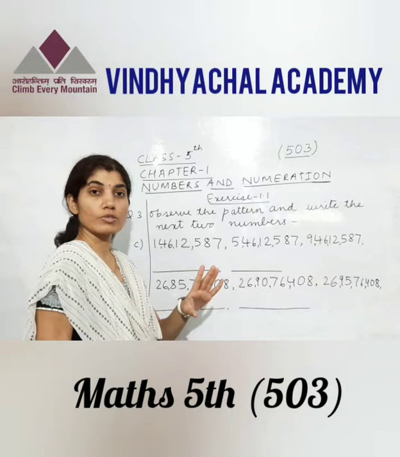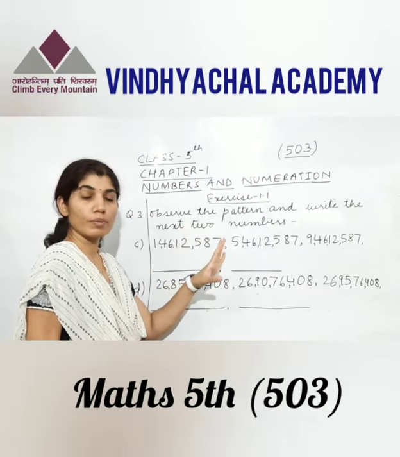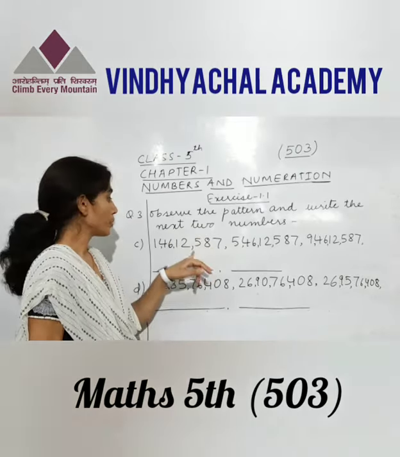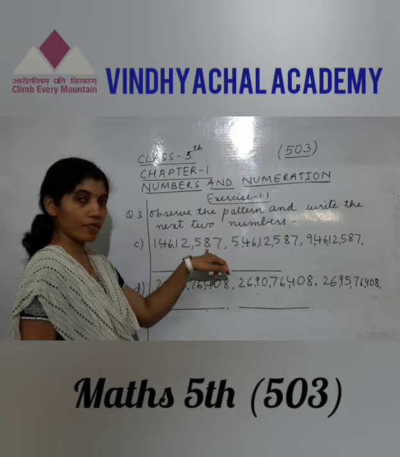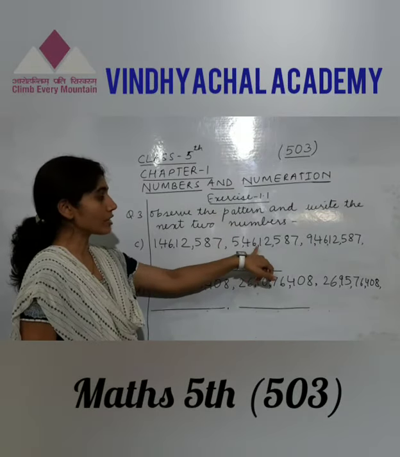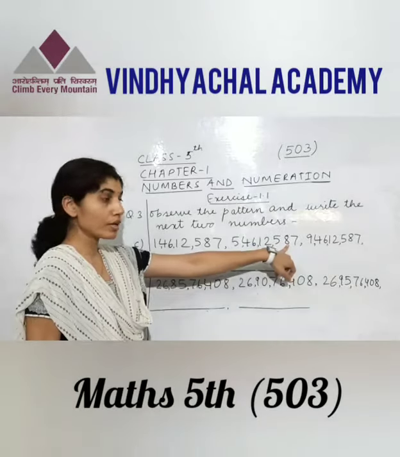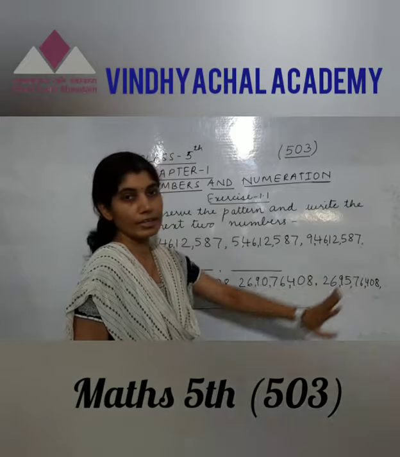Now I have put the commas also. As I told you, it is very useful to put the commas. If you put the commas, then you will be able to read the number very easily. So this is 1,46,12,587. Next number is 5,46,12,587. Next is 9,46,12,587.